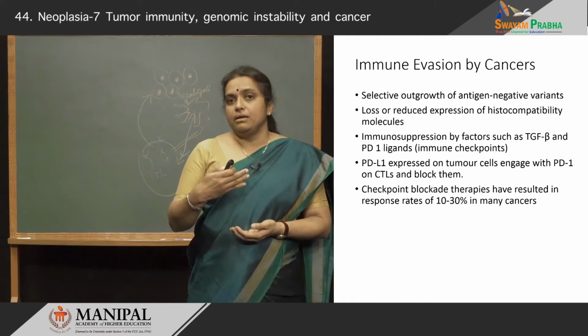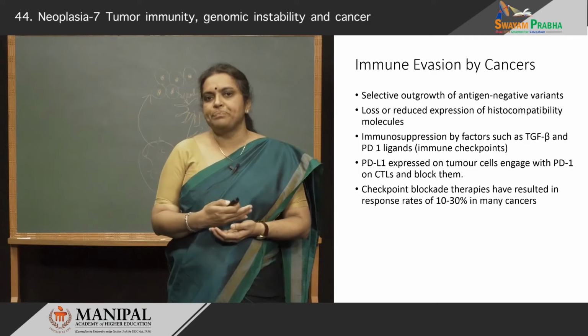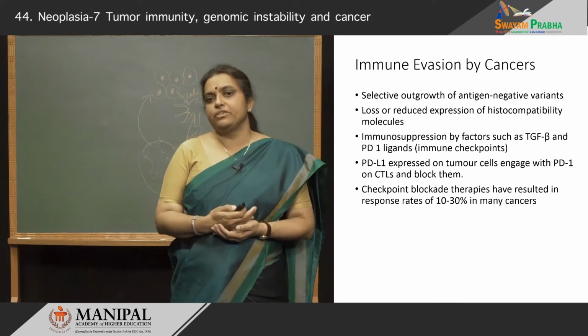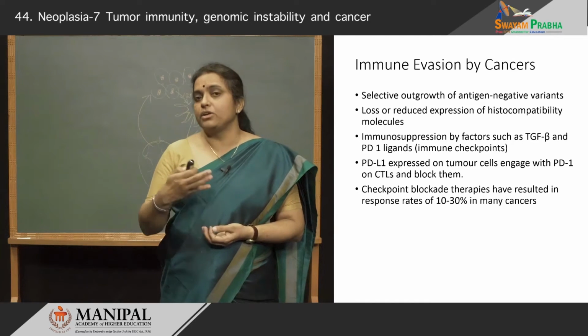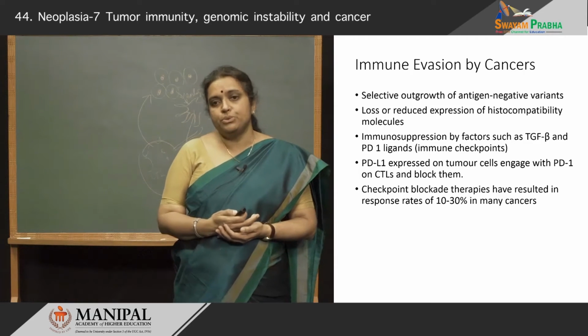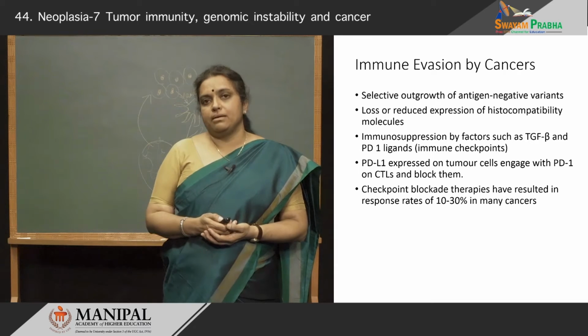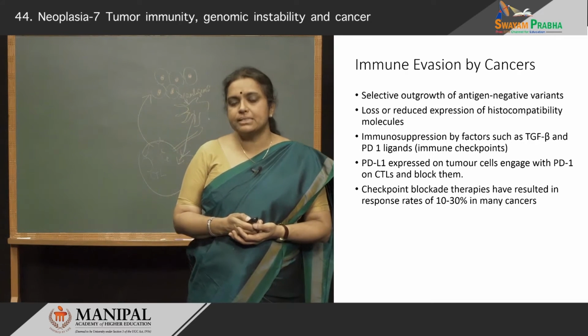So, they form antigen negative variants, or they may lose or reduce the expression of histocompatibility molecules, so that these antigens are not effectively presented to dendritic cells. Or there may be factors that are secreted, such as TGF beta and PD-1 ligands.